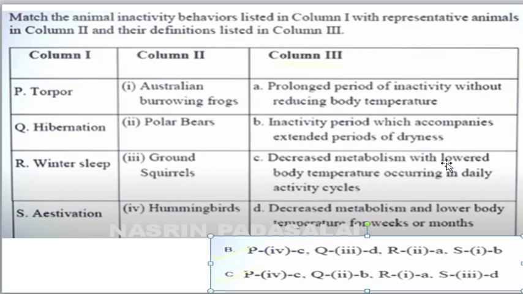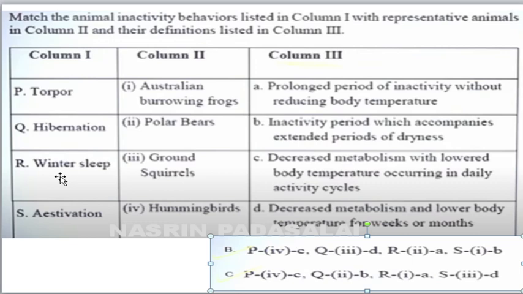Once the body temperature gets lowered, then the metabolism will decrease. Next, hibernation is reported both in the ground squirrel and also in the polar bear. In the ground squirrel it means decreased metabolism and lowered body temperature, whereas hibernation in the polar bear is with respect to an inactive period. The polar bear is living in an extreme environment, whereas the ground squirrel is involved in a milder environment.